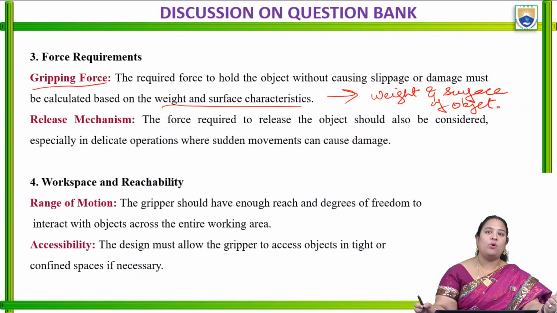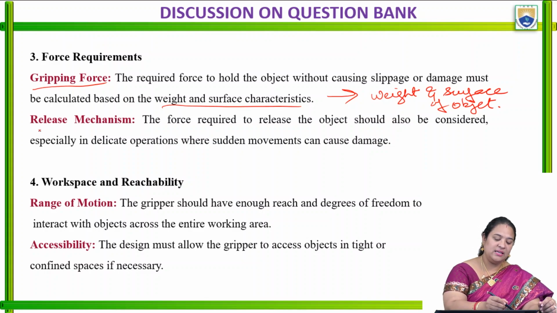Based on the weight and surface of the object, the calculation is done and inserted into the robot as a program. According to that program, the robot will hold or move the object from one place to another without applying too much force, so the object does not get damaged or slip from the end effector.